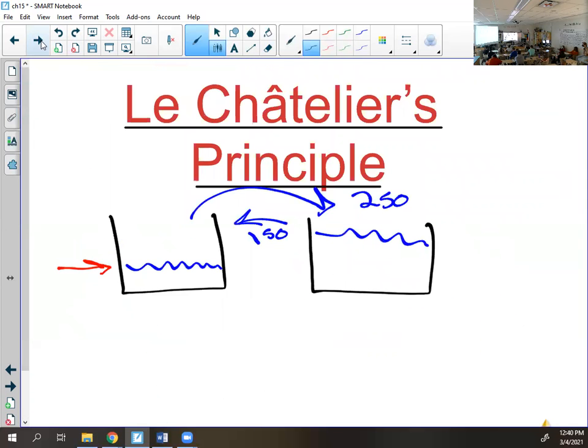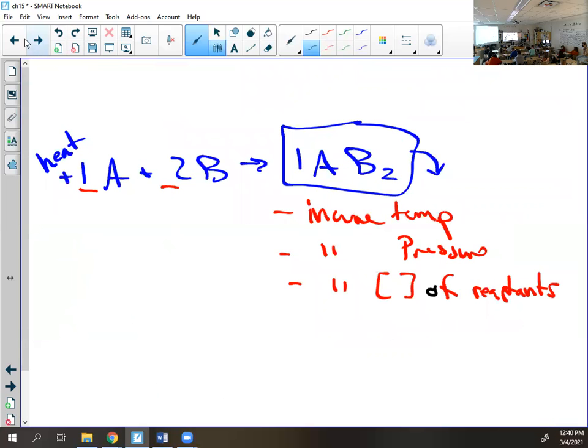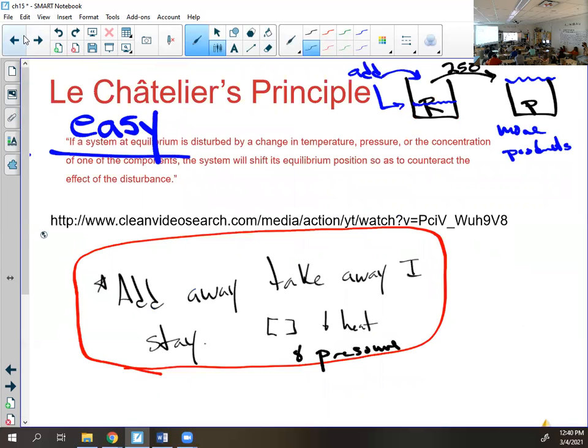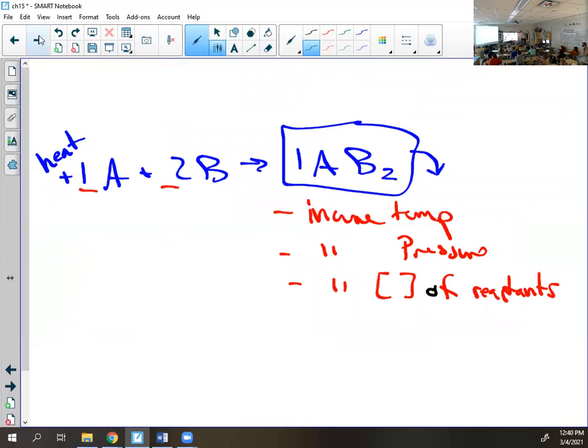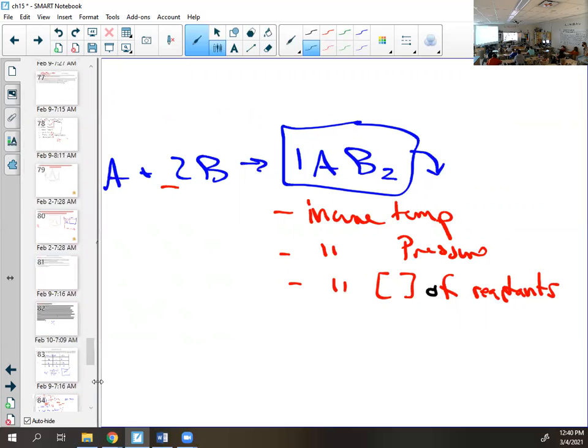Okay, we don't have a ton more. Le Chatelier's principle. All right, so we talked about the water example. You okay with that? Hold on. Yeah, not immediately, but I'm sure I'm pretty close to the end, I think, on this. Probably not. Oh, we're not that close to the end.